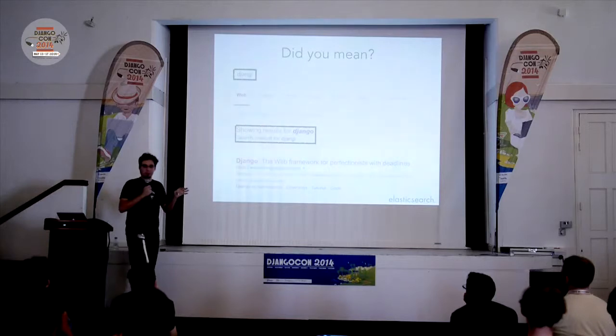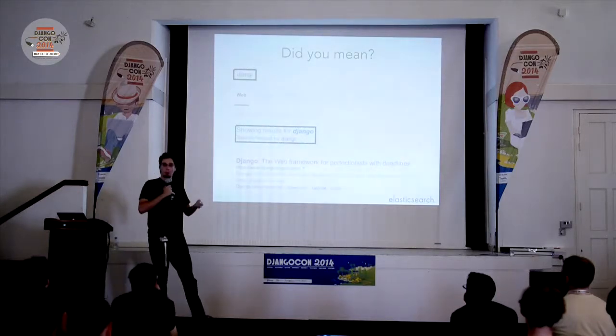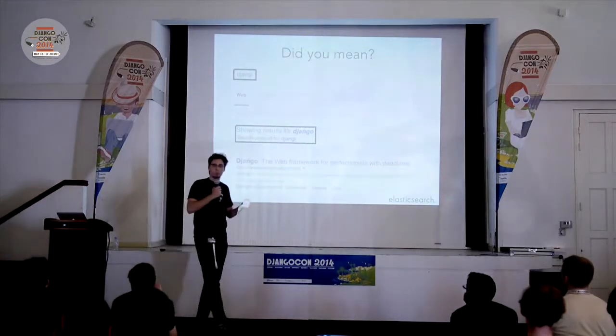And if one of them is significantly more popular than the one we searched for, like Django is a fairly popular word, the search engine immediately knows that in all likelihood this person just made a typo. Let's just search for Django instead and inform them of that.